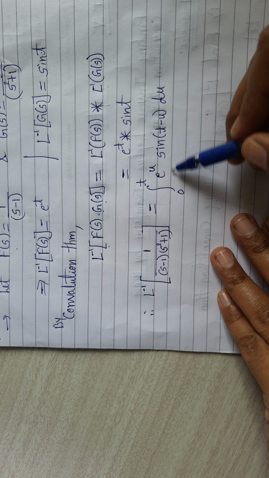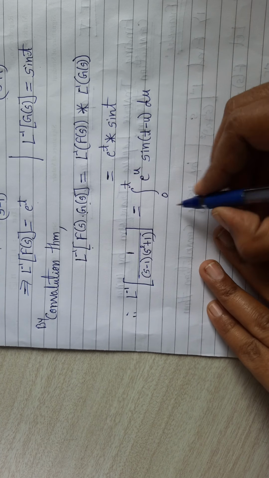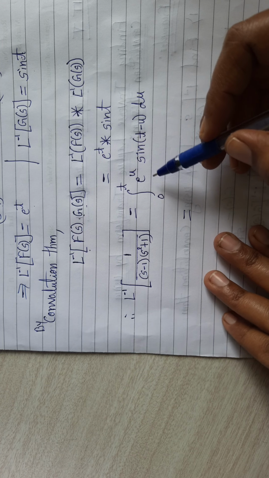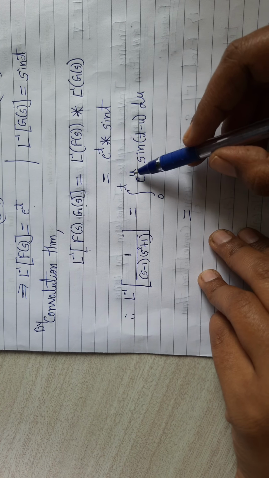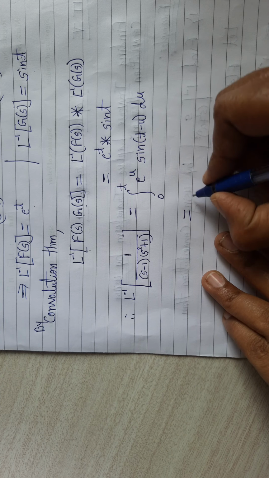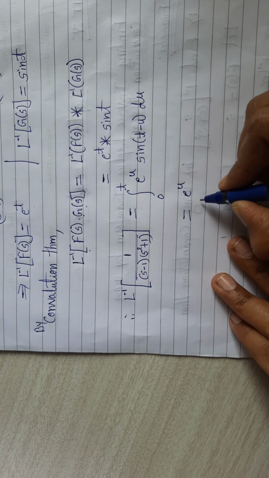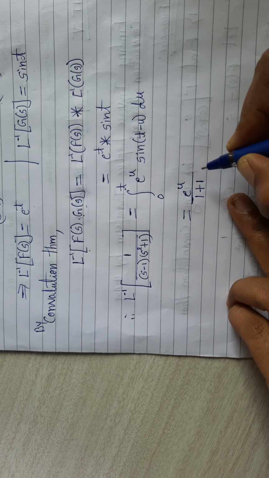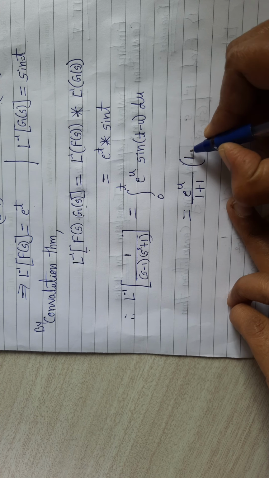Now integrate this. Now the standard result, which you have used in differentiation under the integral sign, is e to the power ax into sin of bx plus c. According to that, we can write directly e to the power u divided by a square plus b square, that is here both are 1, into a into sin of t minus u plus b into cos of t minus u.